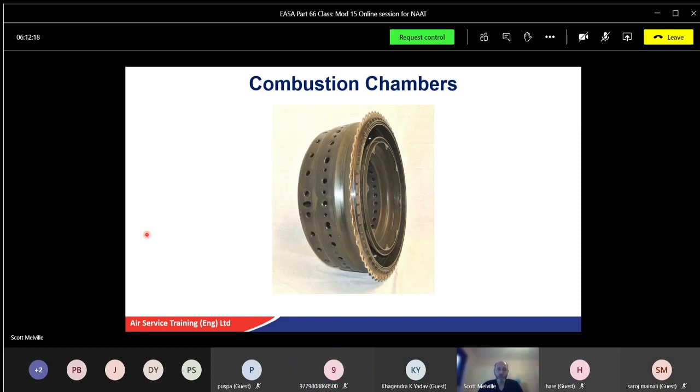Vaporizer, well done. Yeah, annular cans tend to have vaporizers in them. The multi-can, multi-chamber ones, tend to have atomizers. Vaporizers, which are also known as, what are they also known as?